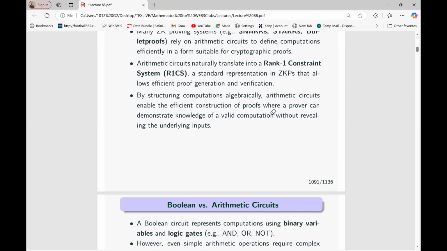Using the same arithmetic circuits, the verifier will be able to verify that the information given by the prover is correct without necessarily having to know what the information is, what the inputs were.